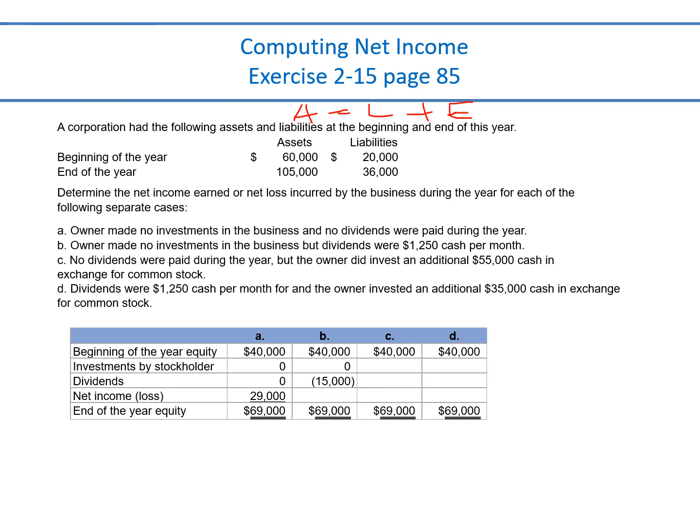So if I write out our algebra problems like we were doing earlier, 40,000 minus 15,000 plus x equals 69,000, right? So if we solve for x, we subtract 40 from each side.